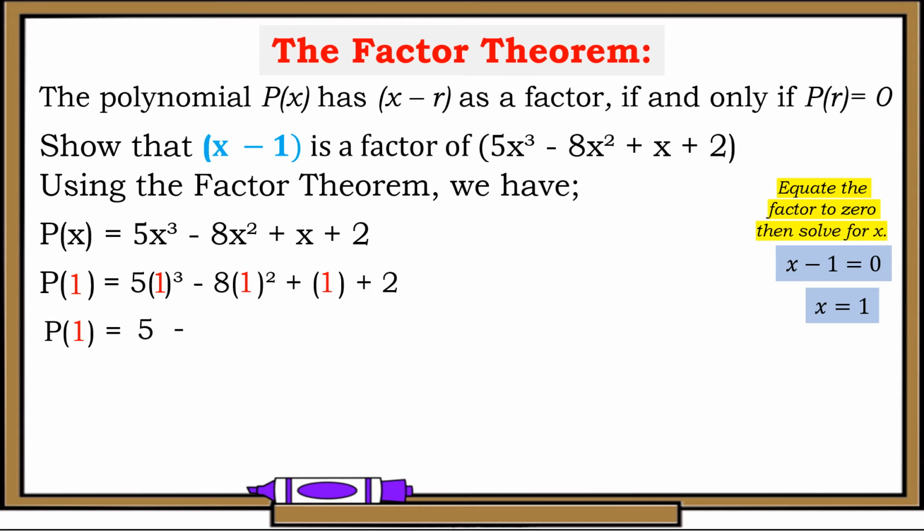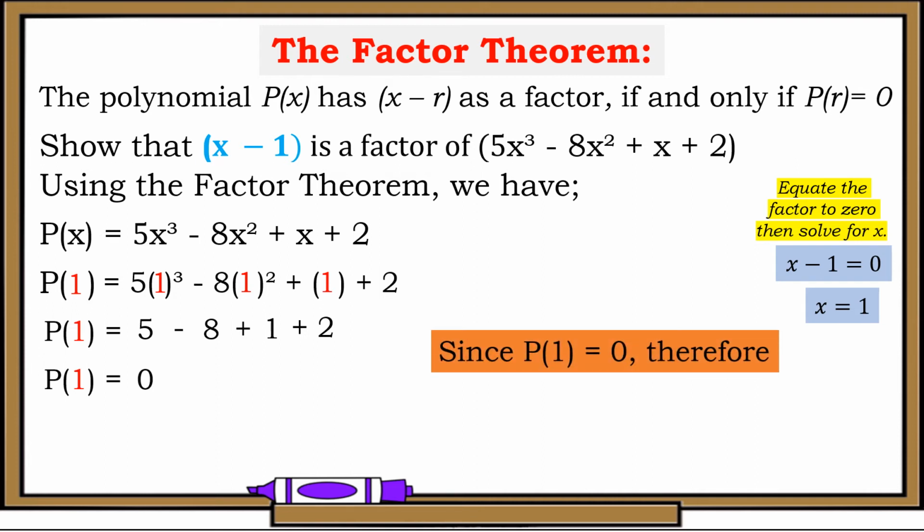Minus 1 squared is 1. 1 times 8, 8. Plus 1 plus 2. Then 5 minus 8 plus 1 plus 2, P of 1 is equal to 0. Ayan. So, since P of 1 is 0, there is no remainder. Therefore, x minus 1 is a factor.